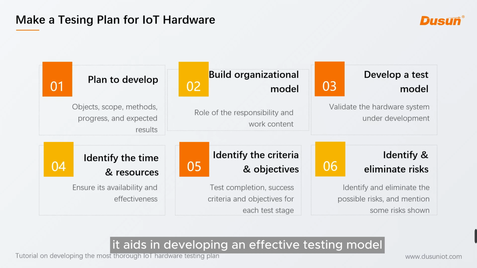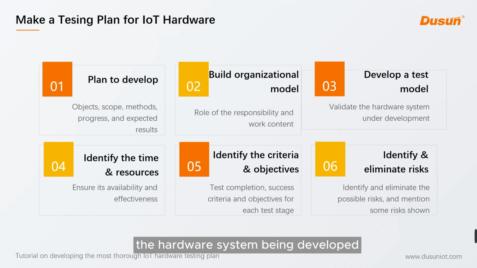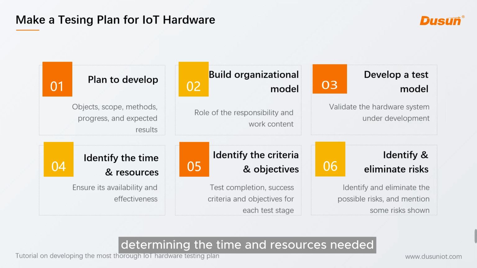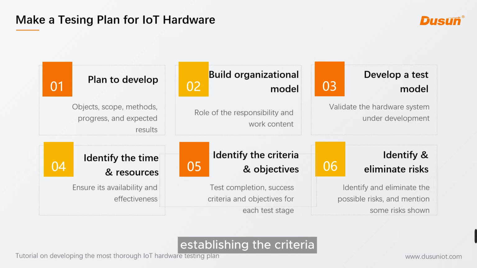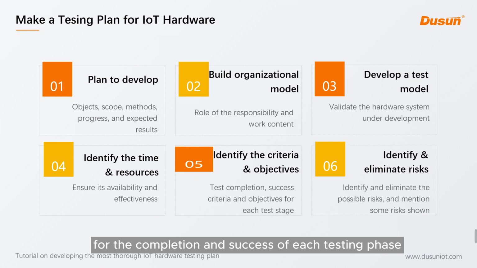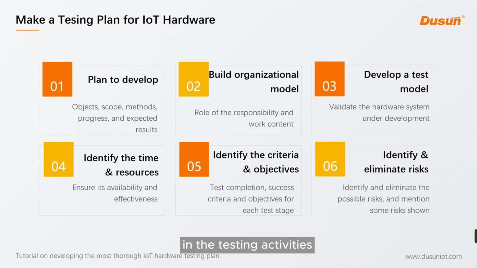Additionally, it aids in developing an effective testing model to accurately validate the hardware system being developed, determining the time and resources needed for testing to ensure accessibility and effectiveness, establishing the criteria for the completion and success of each testing phase, and identifying and mitigating various risks in the testing activities.